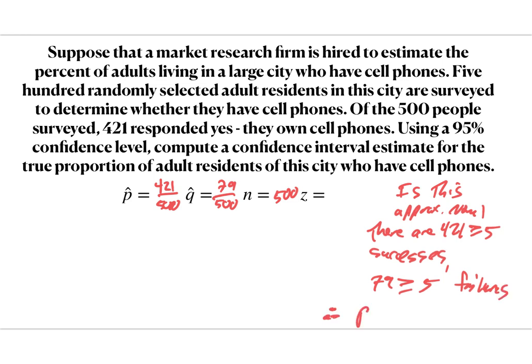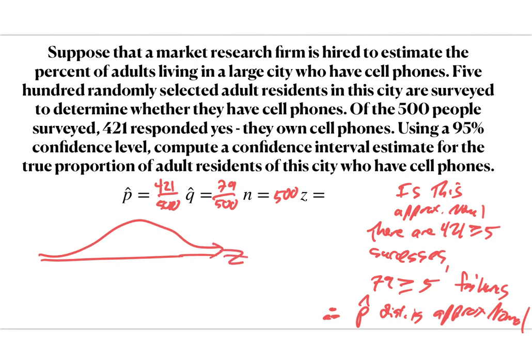Therefore, P hat distribution is approximately normal. Lots of words and sentences, but that is one of the linchpins to being able to do this problem. If I don't say that, then I can't do a normal curve. But as soon as I said that, now I can do a normal curve.